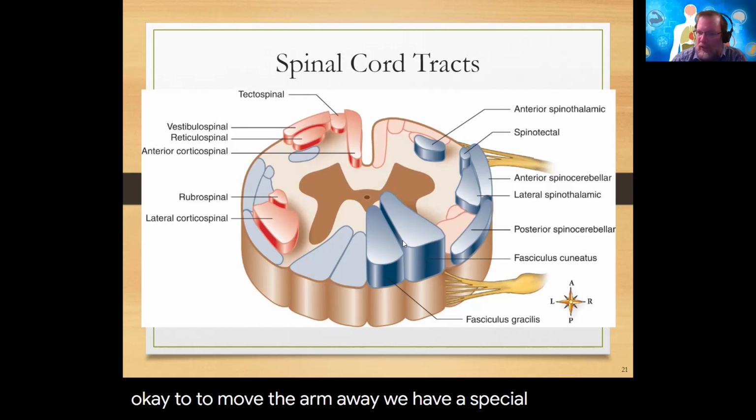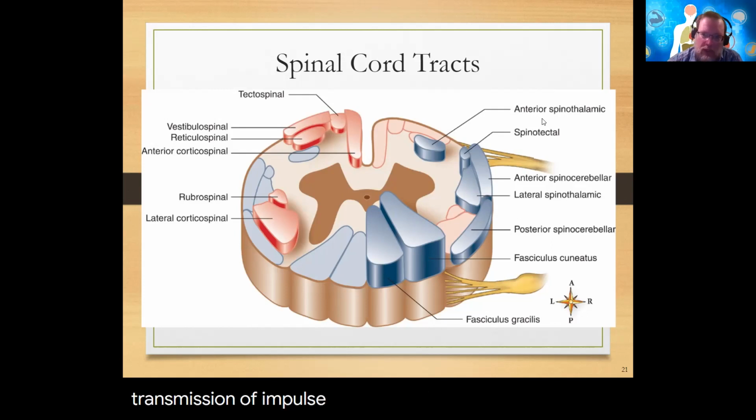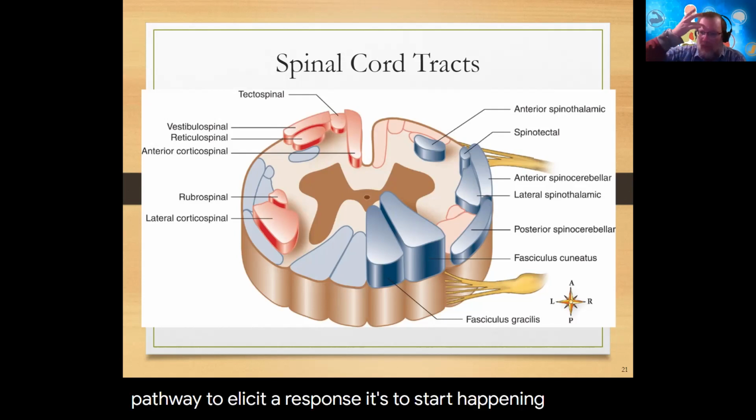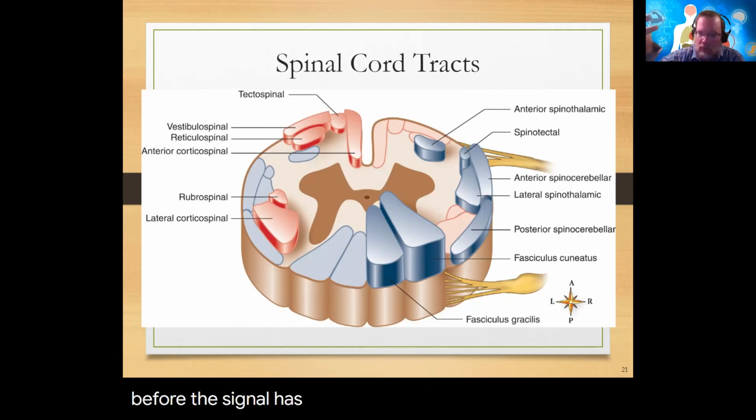We have a specialized interneuron that'll get that signal and shoot an impulse directly over to the motor nerve pathway to elicit a response even before the signal has reached the brain and the brain can even think about it.